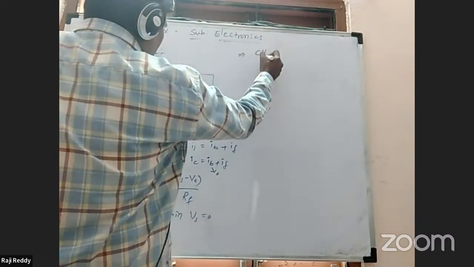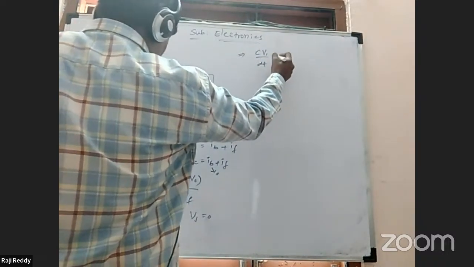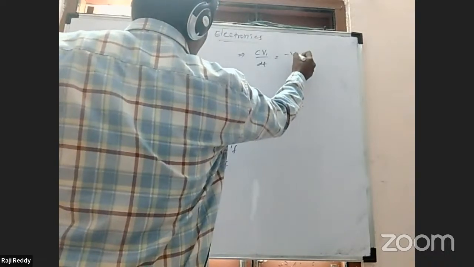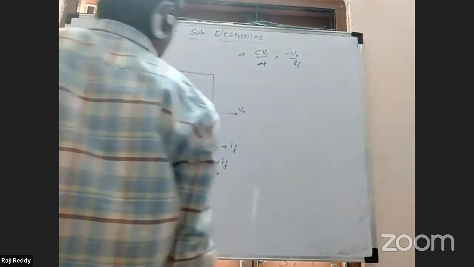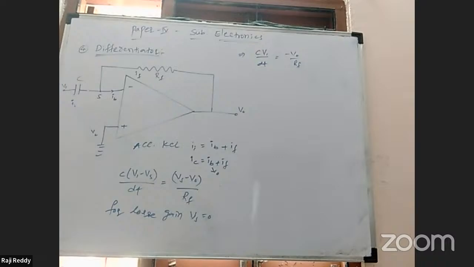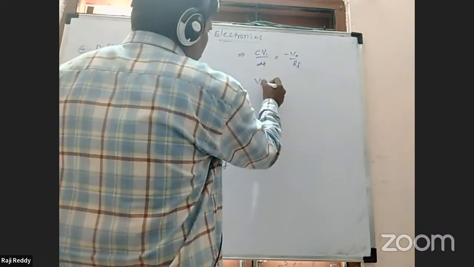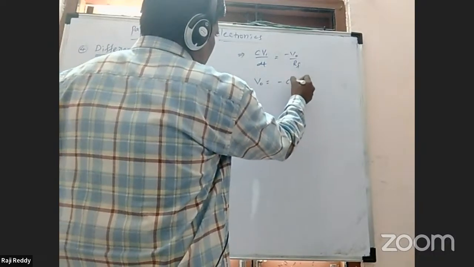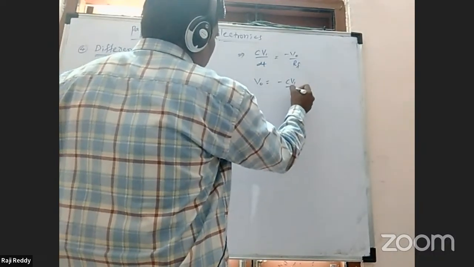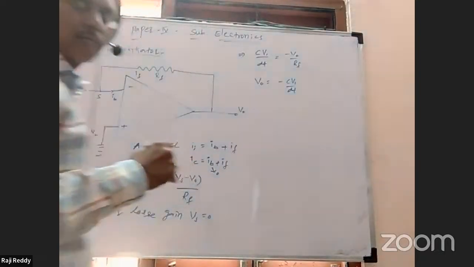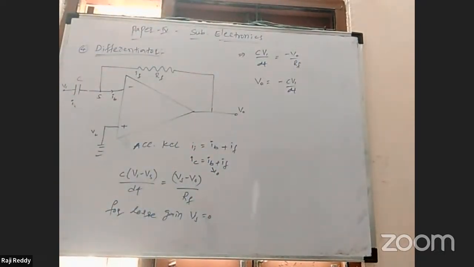Then C dV1 by dt is equal to minus V naught by RF. So from this you can calculate V naught is equal to something. V naught is equal to minus C dV1 by dt.